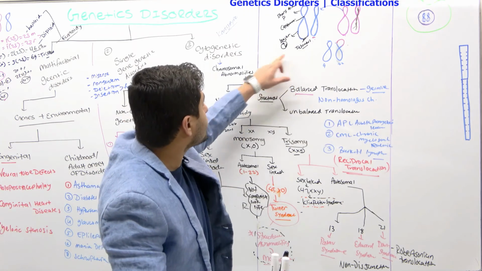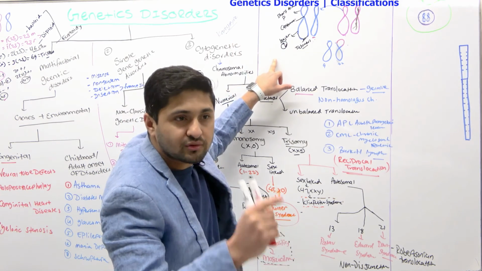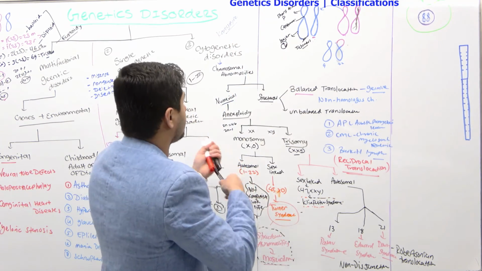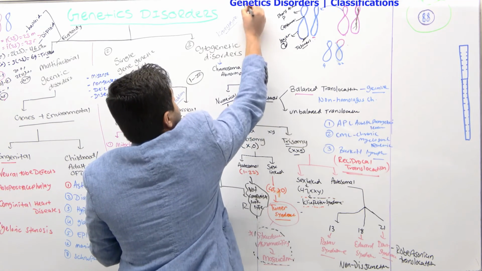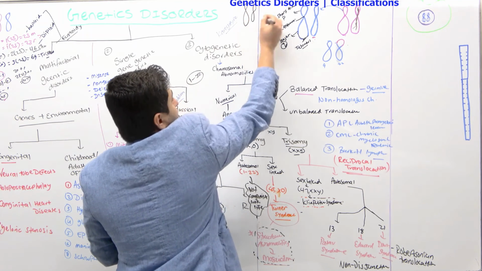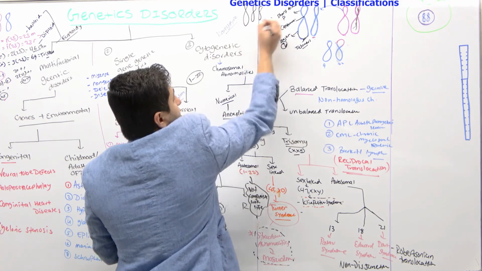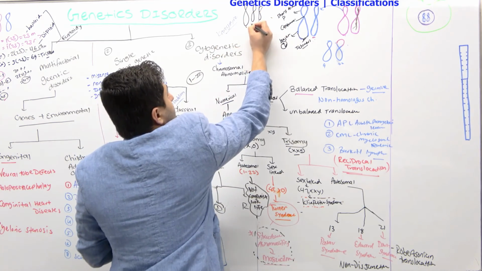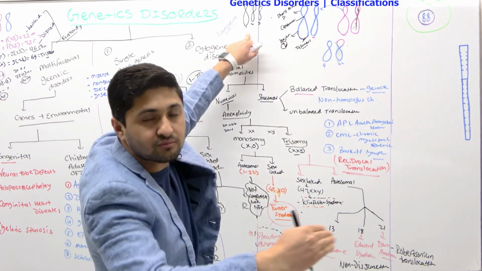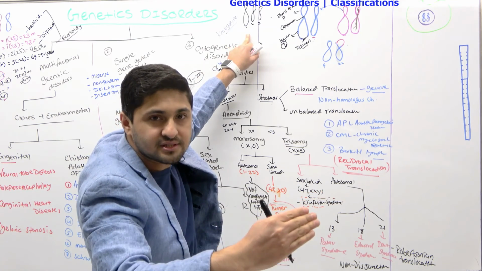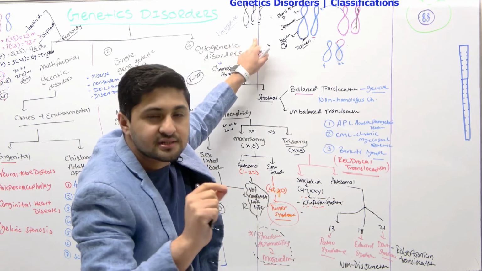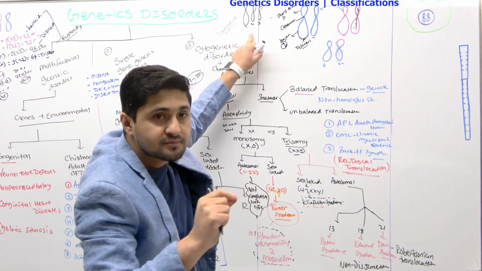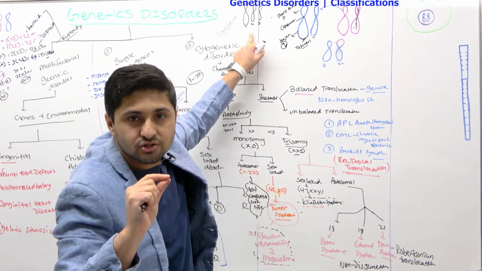So if I make the largest like 1, the second one would be the second largest, and the third would be smaller than this. So this is 1, 2, 3, for example. As the chromosome number gets bigger, the size of the chromosome gets smaller. That's something that you remember.